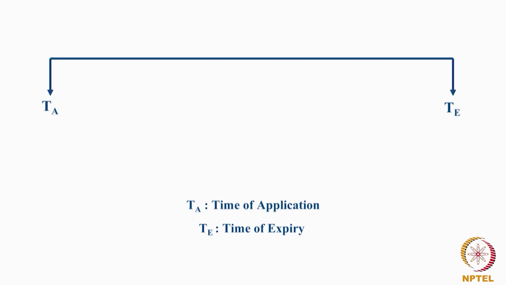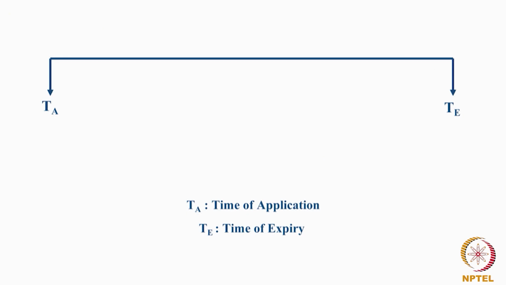In an ideal case, when a patent is granted, it can survive. The patent has a 20-year term. So, TA to TE in an ideal case is going to be 20 years. So, 20 years is the patent term, and we have just described this timeline for you to understand how we can understand the Patents Act as provisions which come into play between these two points.